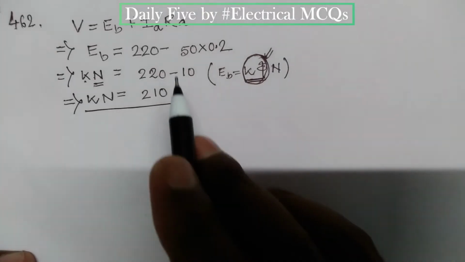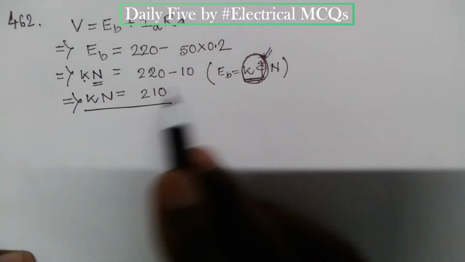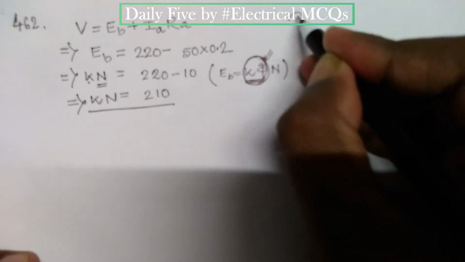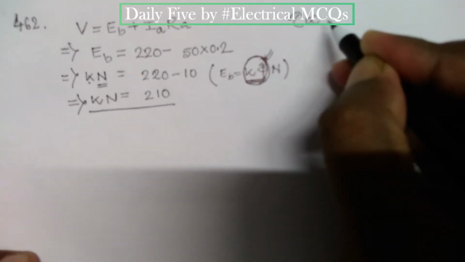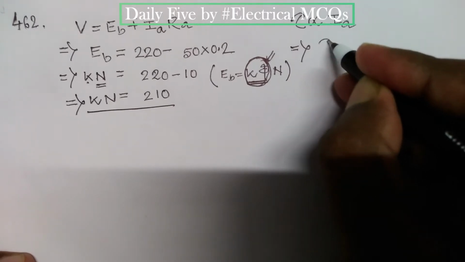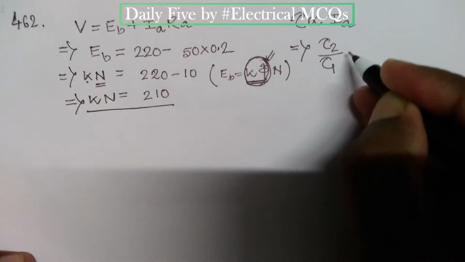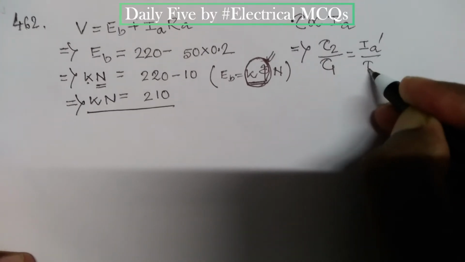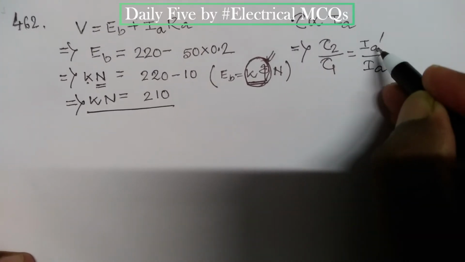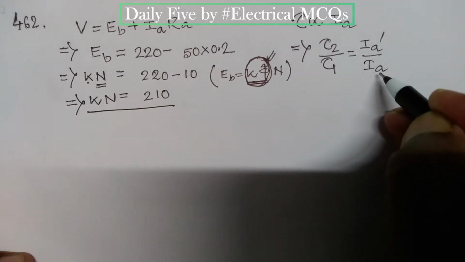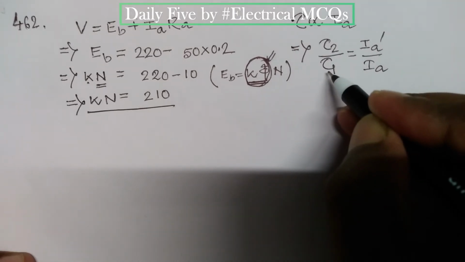Now next, it is said the torque has been doubled, and also we know for a DC shunt motor, torque is proportional to Ia. So we can write tau 2 by tau 1 equal to Ia dash by Ia. Now this Ia dash corresponds to tau 2 and this Ia corresponds to tau 1, that is the initial torque.